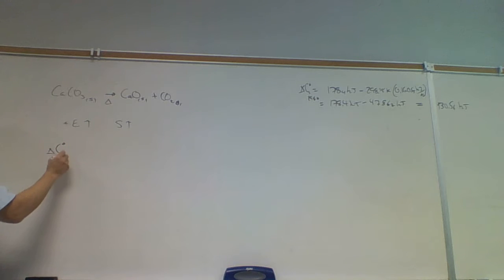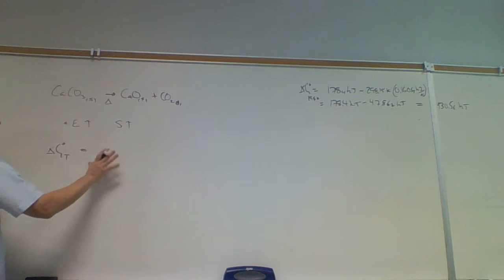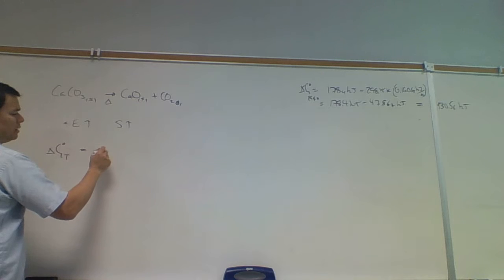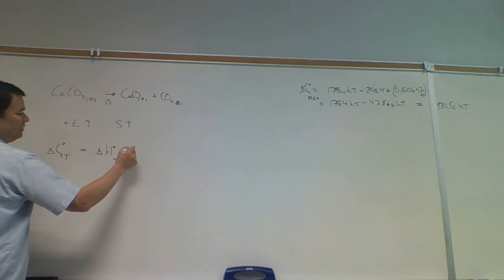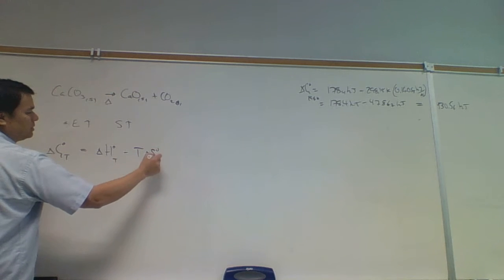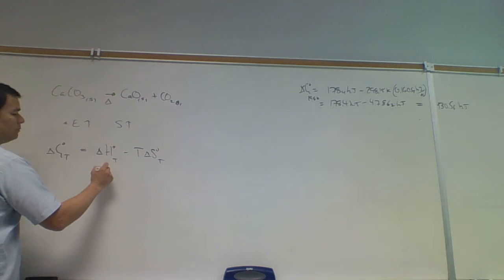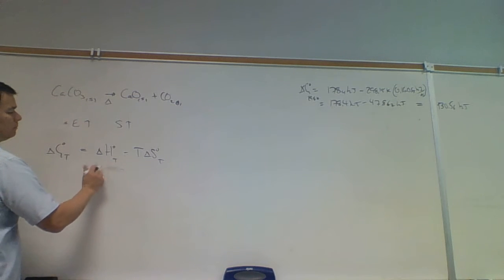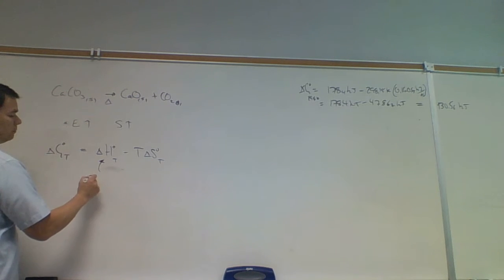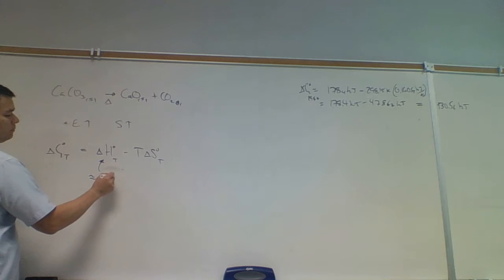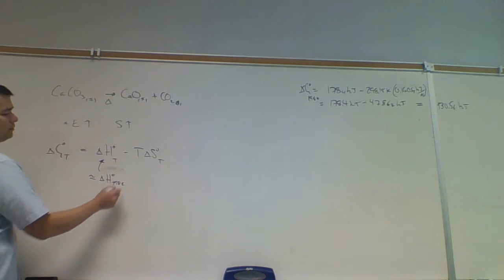We just calculated delta G naught at temperature T. It's reasonable to assume that the enthalpy and the entropy change at temperature T are going to be roughly equal to those at 298 Kelvin. We have to assume that.